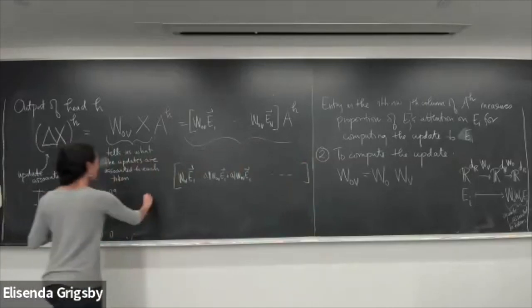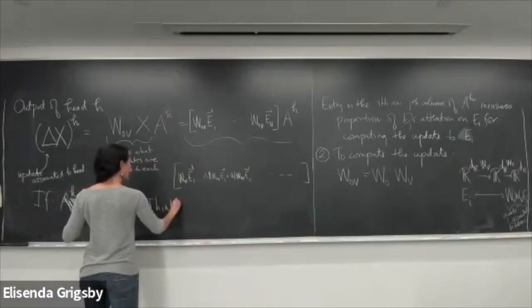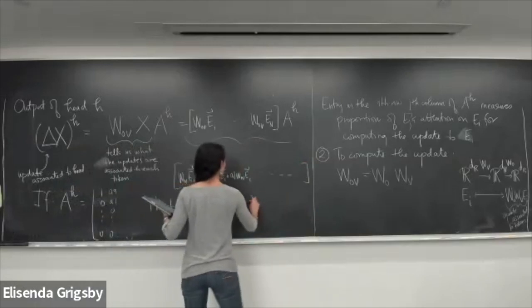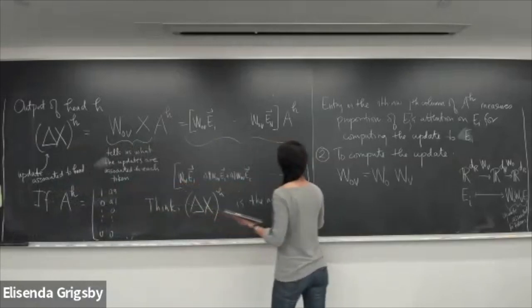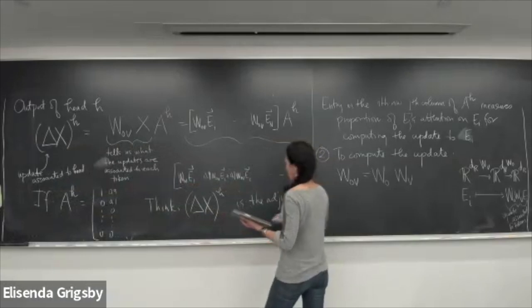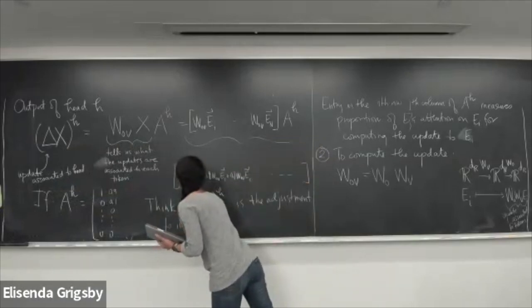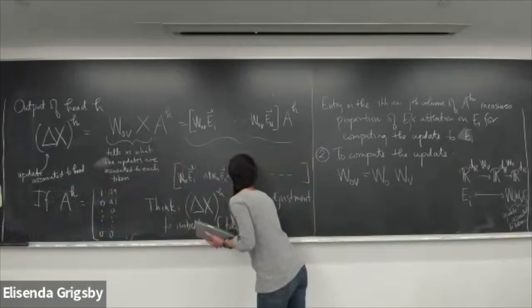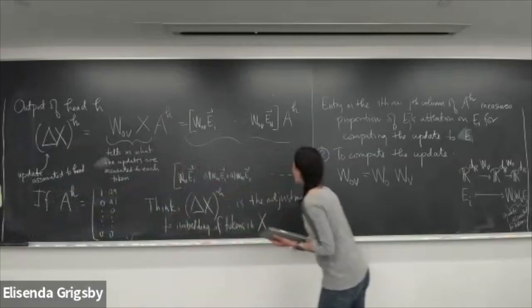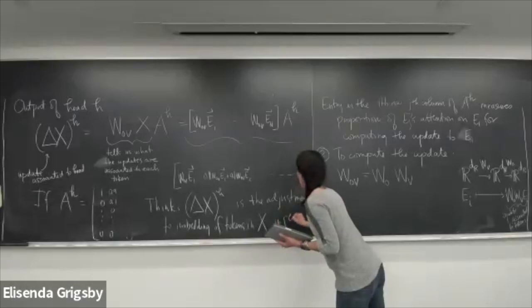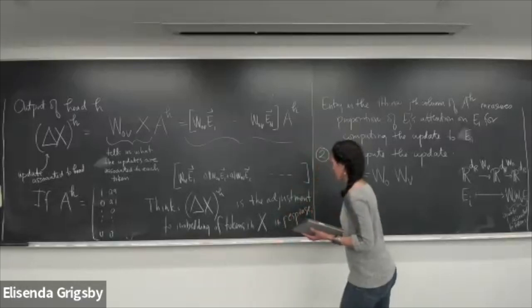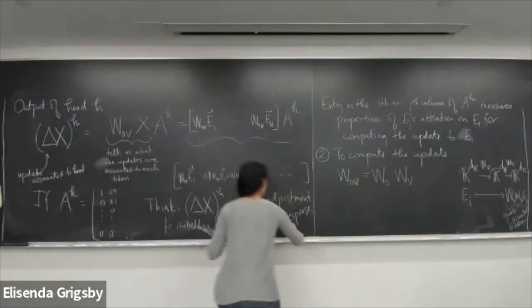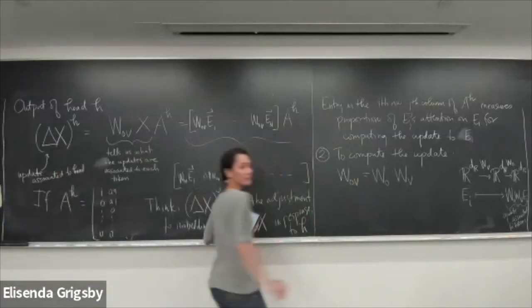So delta X H is the adjustment embedding the tokens in X in response to this query key output value, in response to the head H.